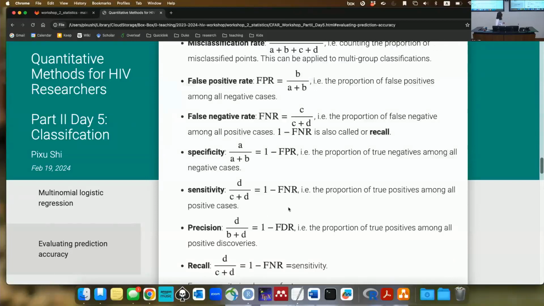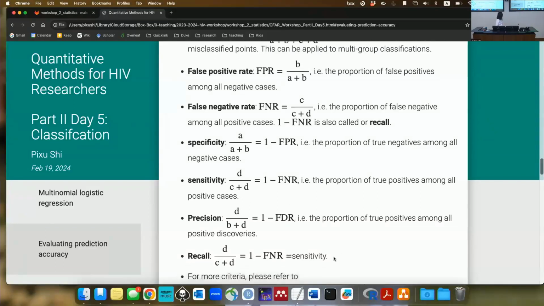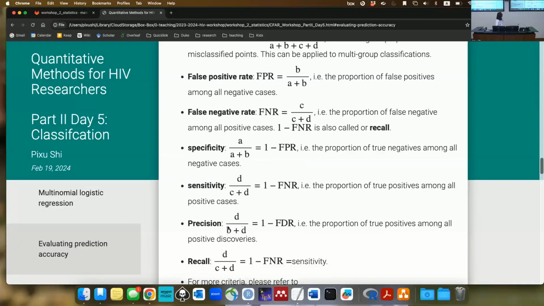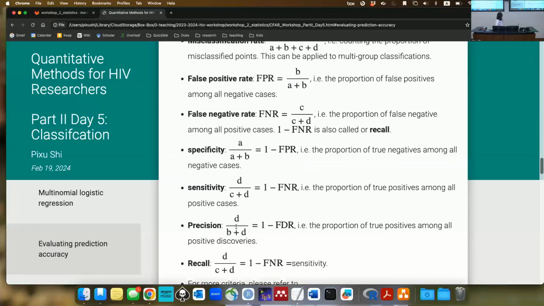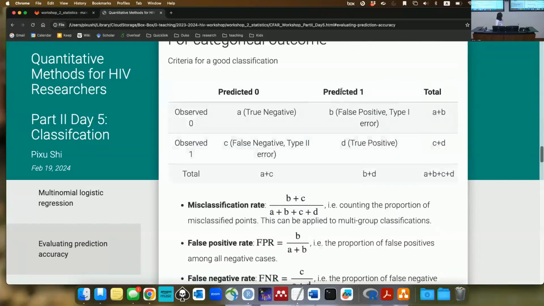And there's another pair of criteria that's precision and recall. Recall is the same as sensitivity, but precision is not the same as specificity. It is going to have a different denominator. So the denominator here is B plus D. It's the proportion of all the ones that you predicted as one.